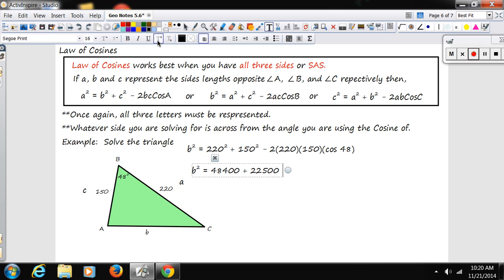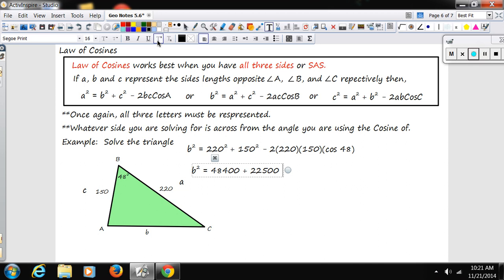If you use one of these calculators, I would put it straight in. Negative 2 times 220 times 150 times cosine of 48, and I'd hit equals. If I have a different calculator, like your cell phone, I would start at the back. I would do cosine of 48, and then I times it by 150, times it by 220, times it by negative 2. Be careful to multiply it by a negative 2.